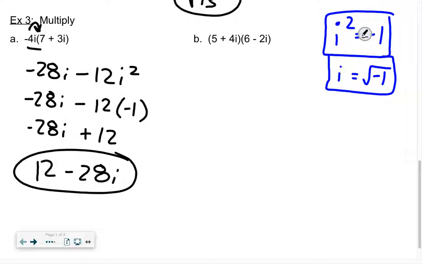Two binomials for part B, which indicates we got to use the FOIL process. I'll give you a head start and then I'll meet you at the end.